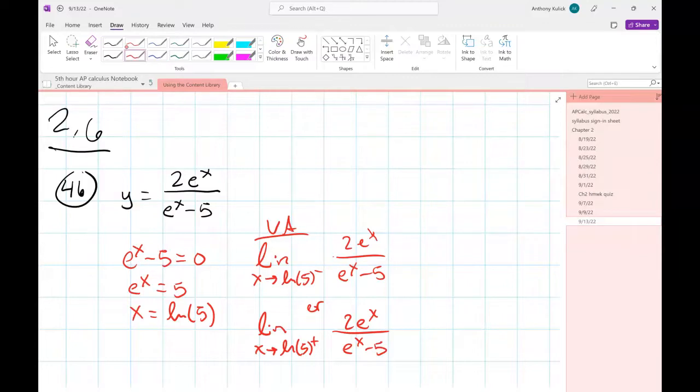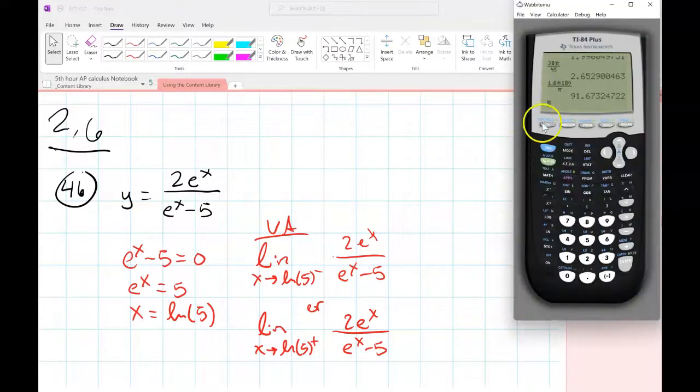Now, obviously, we can't do this by direct substitution, but that's okay. This is something we could do by graphing or by inspection, fairly easily.